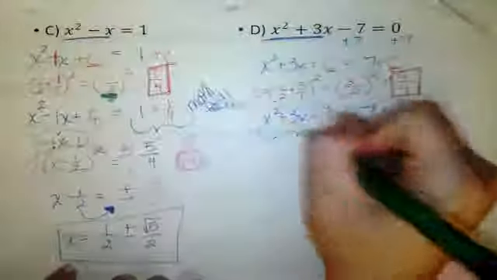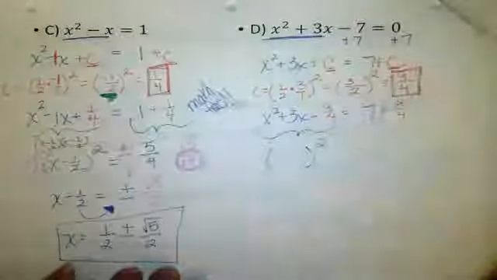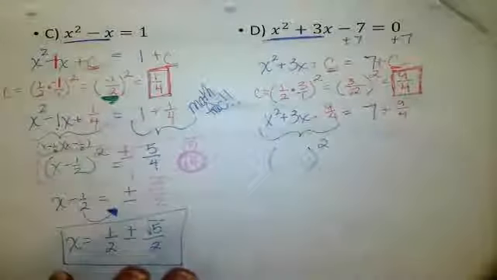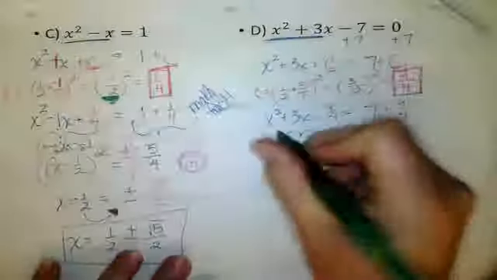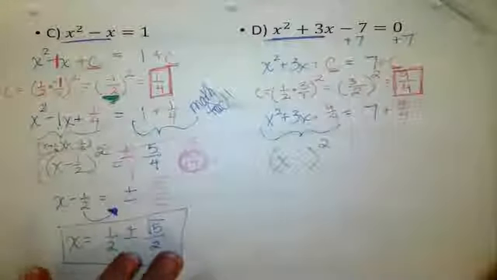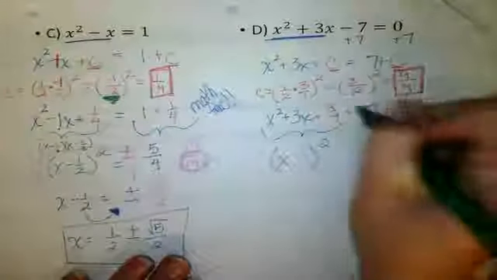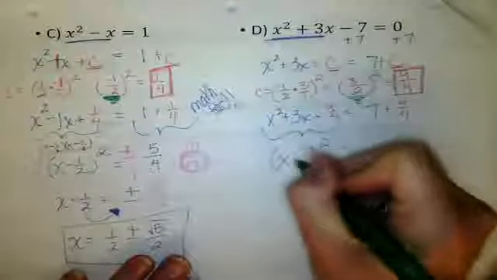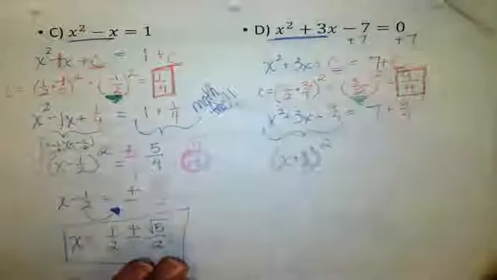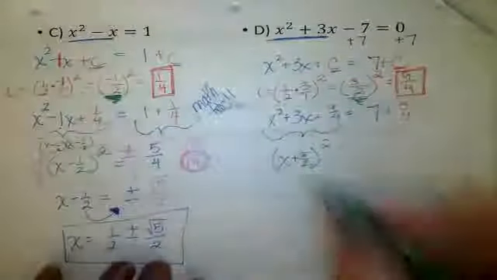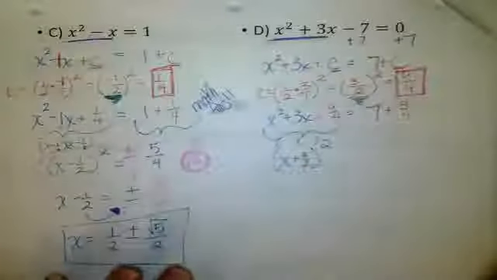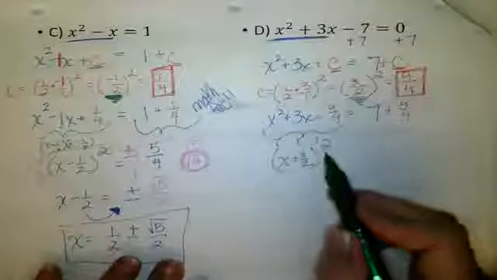On the left-hand side, how does it factor? X times x is x squared. What times what gives you 9/4? Yeah, right there, 3/2 and 3/2. Positive 3/2 times positive 3/2. Again, if you wanted to double bubble it, you could, or you could just write it as the squared term.